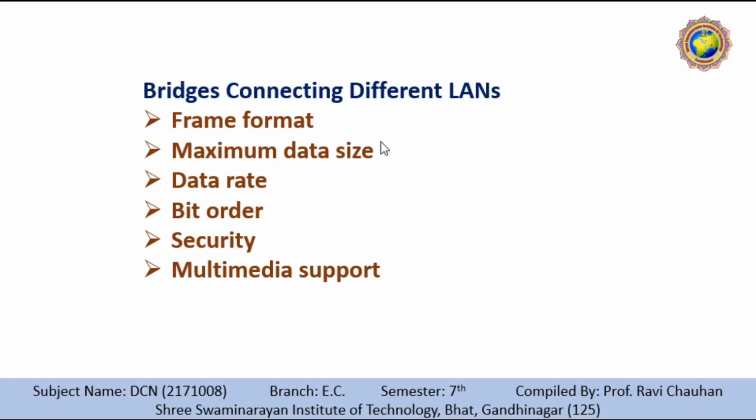Let's discuss each. First, frame format: each LAN type has its own frame format, just like the Ethernet frame and the wireless frame. Next is maximum data size. If an incoming frame size is too large for the destination LAN, the data must be fragmented into several frames, then reassembled at the destination.